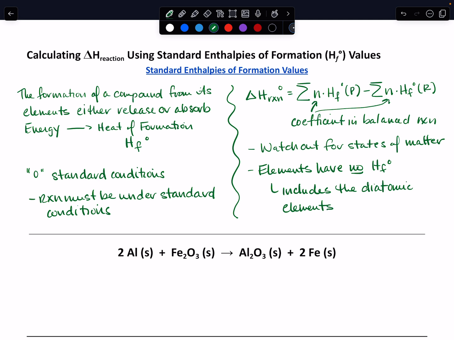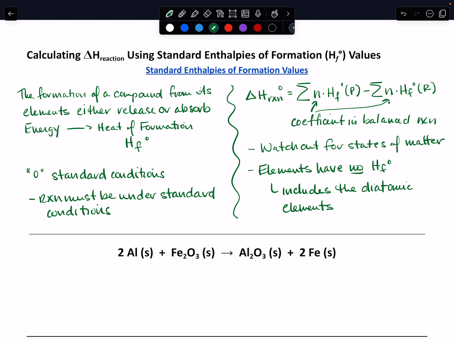So if you see Cl2 and you go look for its heat of formation, you can't find it, that's because it's in its elemental state. It can't be formed, it just is. The elements are the building blocks. If we take them and build a bigger molecule, then we have a formation. But if it's just the element, it's not formed per se.